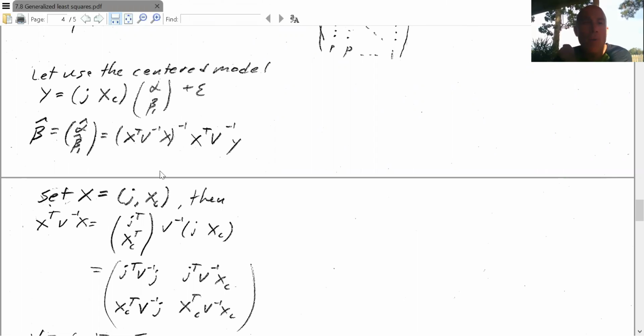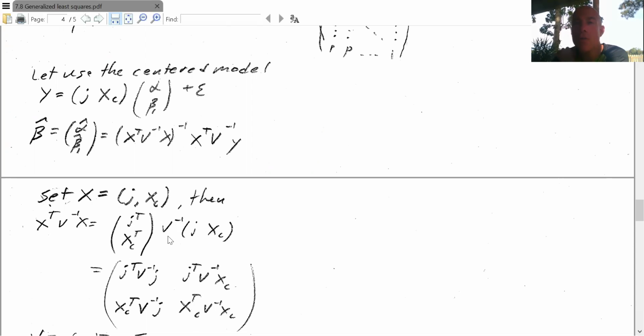Okay, so I'm going to set X to J and then centered X. And the reason why I'm setting X equal to this is just to make life a little bit easier. And so when I do that, X transpose V inverse X is equal to this bad boy right here. Here's X transpose, here's X and the V inverse.